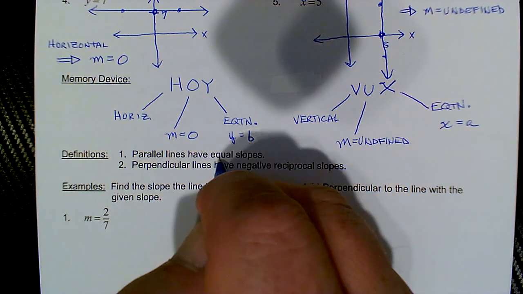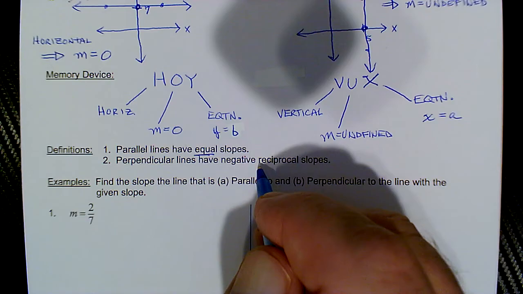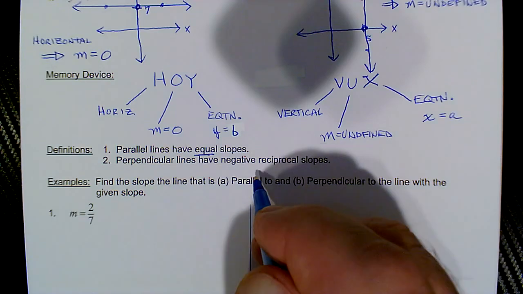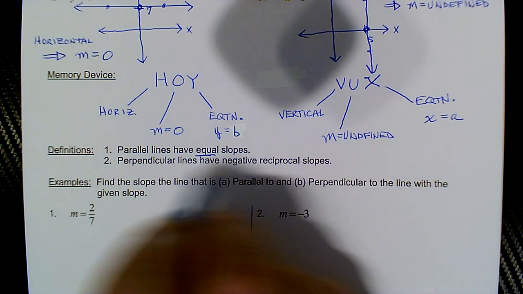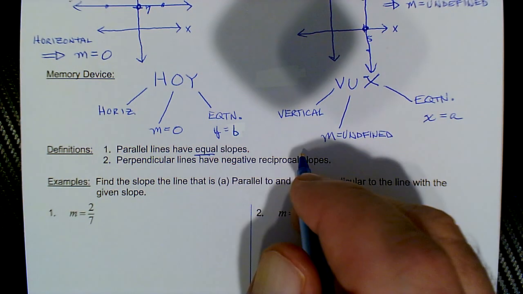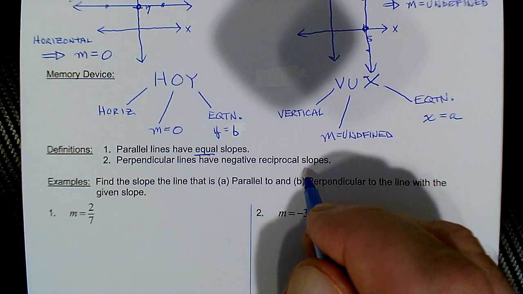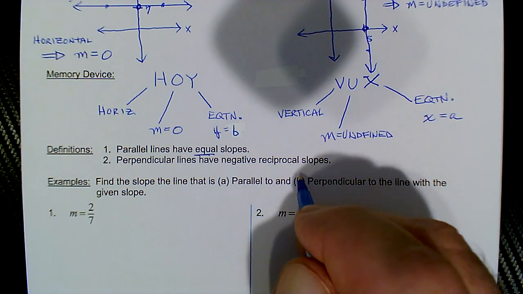When we're given a slope like -3 and you have to find the perpendicular, you may want to write it as a fraction over 1. Parallel is easy. The slope is just the same, -3.